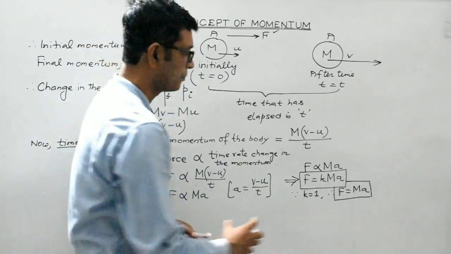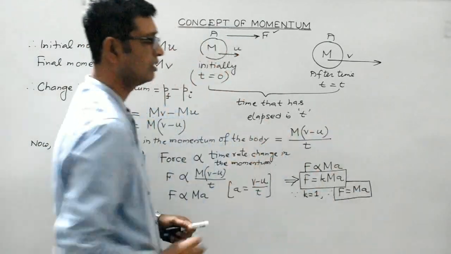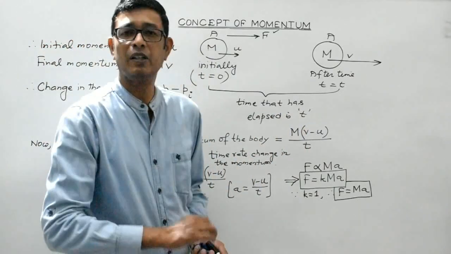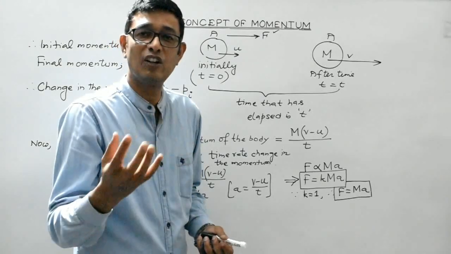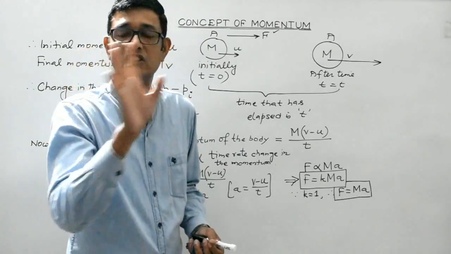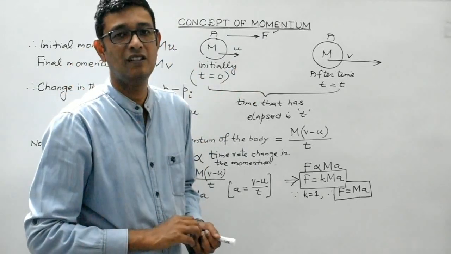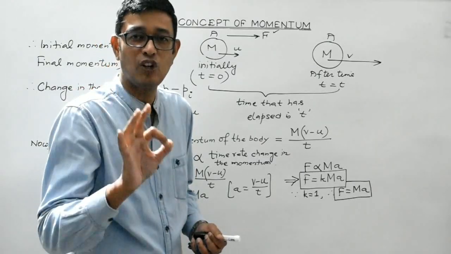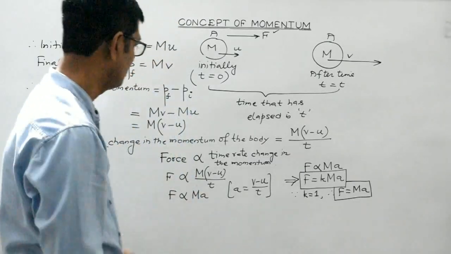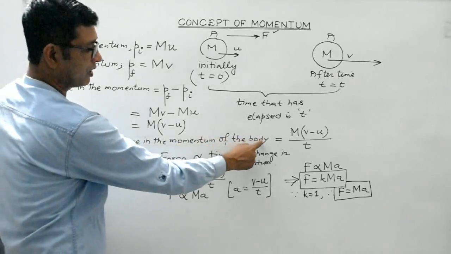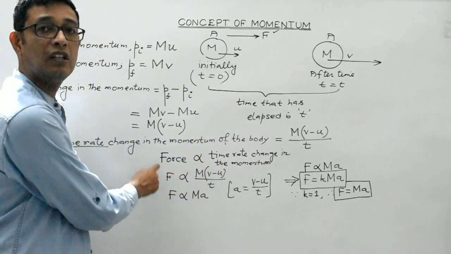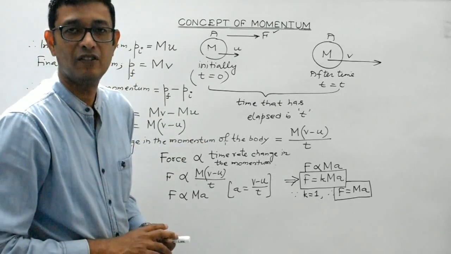Right, students? Before we discuss this thing, F equals to ma, let me repeat the statement of Newton's second law. Newton's second law concerns the concept of momentum. According to Newton's second law of motion, the time rate change in the momentum of a body is directly proportional to the force applied. Which force?